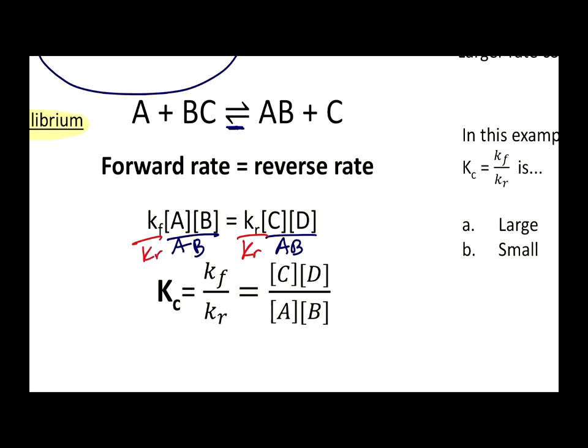And so we get this expression where the ratio of the forward and reverse rate constants equals products over reactants, right? And that ratio is equal to our equilibrium constant. So that's numerically how we get our equilibrium constant.